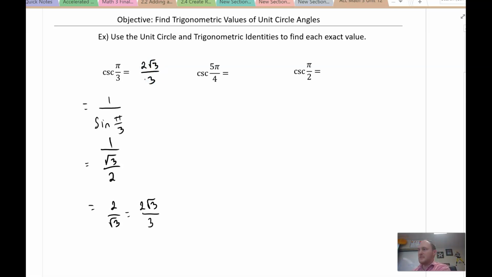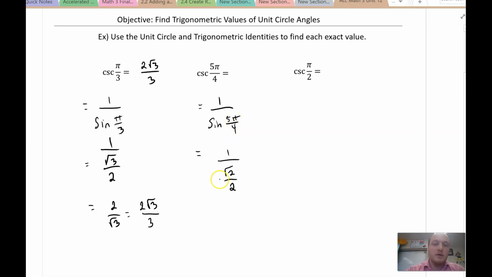All right, cosecant of 5 pi over 4. Well, this is 1 over sine of 5 pi over 4. Pi over 4, that's a pi fourth angle, and your y value is going to be, again, root 2 over 2, but is it positive or negative? 5 pi over 4 is a little bit more than 4 pi over 4.